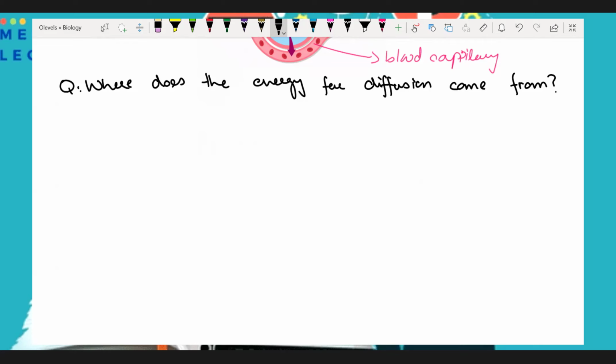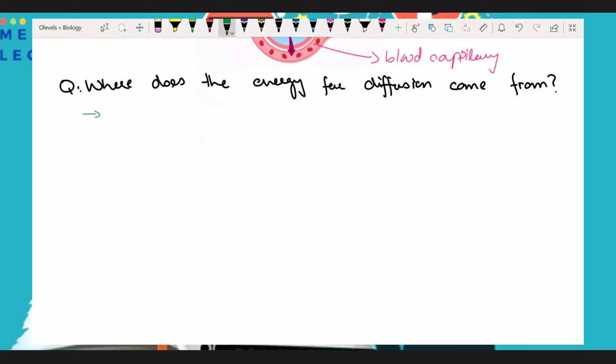Could you tell me where that energy for diffusion comes from? Ma'am, isn't diffusion independent of an energy source because it moves down the concentration gradient? But there must be some energy within the particle because the particle has to move, right?